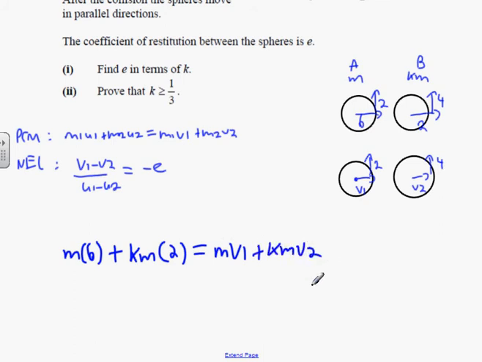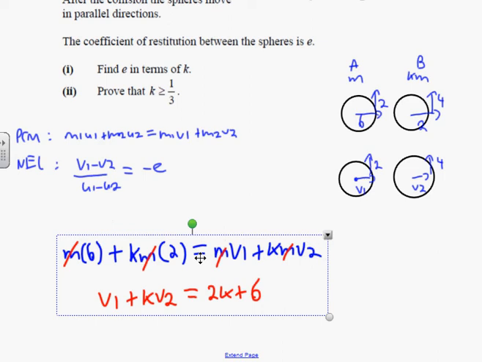Now, knock off the M's, and what we're going to get is V1 plus KV2 equals 2K plus 6. Not the usual style you see, but small alterations in there, so nothing we can't handle.